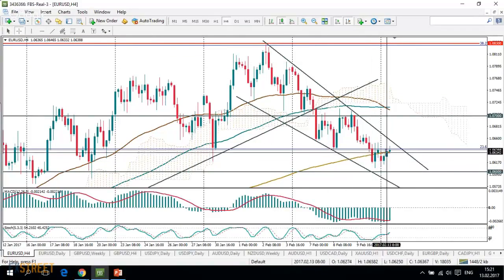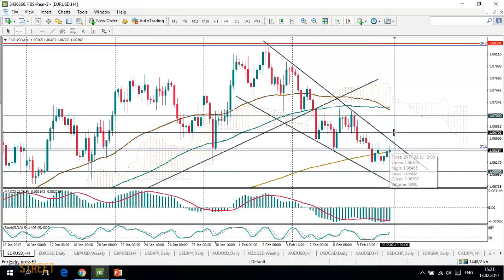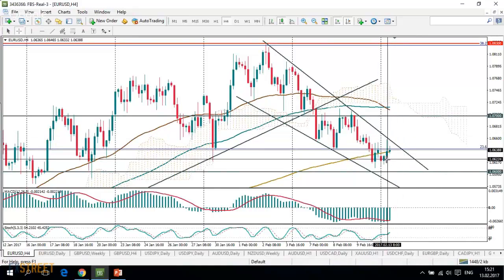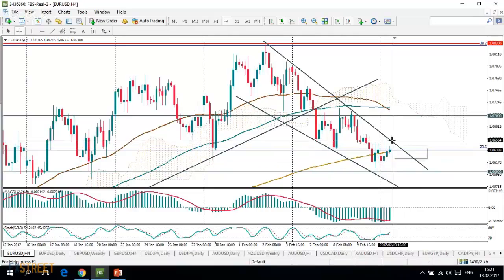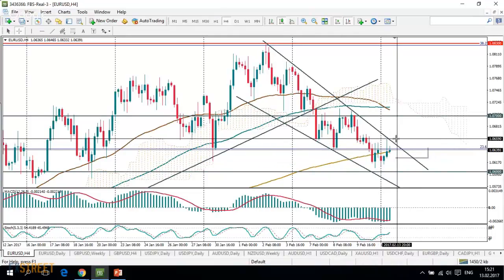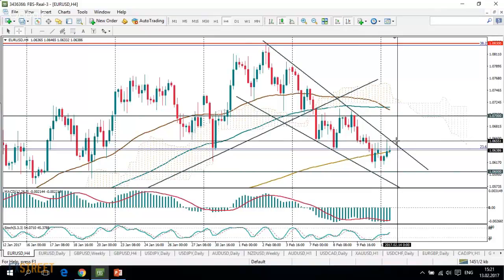The previous candle on the 4-hour chart has a long upper shadow, a long upper wick, which shows us that there are sellers present in the area of 106.60, and here we find the short-term resistance line.